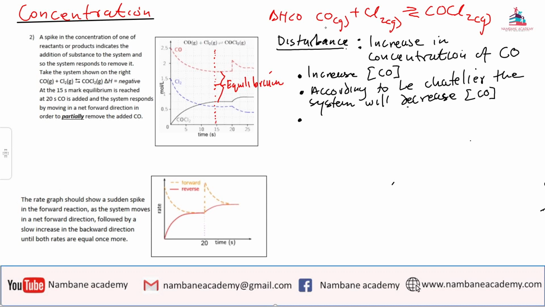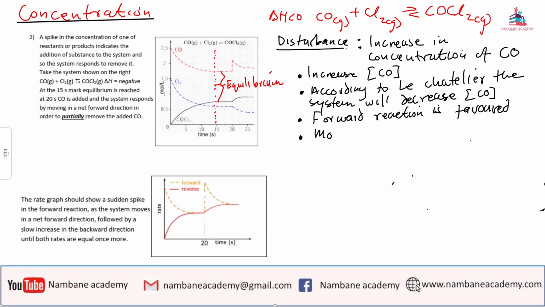When we increase the reactant, it means we are going to form more of the product. So the only way of decreasing CO is by actually producing more of COCl2. So it means now the forward reaction is favored. If it is favored, what does that mean?